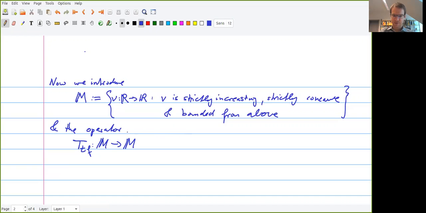So this T is the operator defined as follows. You won't be surprised to see it now. This is just our JT if we start with the capital X at time t.